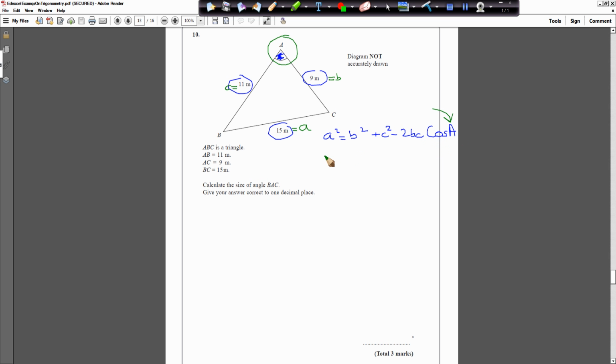So we have on this side A squared, the opposite of adding B squared is minus B squared. The opposite of adding C squared is minus C squared. And then the opposite of multiplying by minus 2bc is dividing by minus 2bc. And that will give us cos of A.